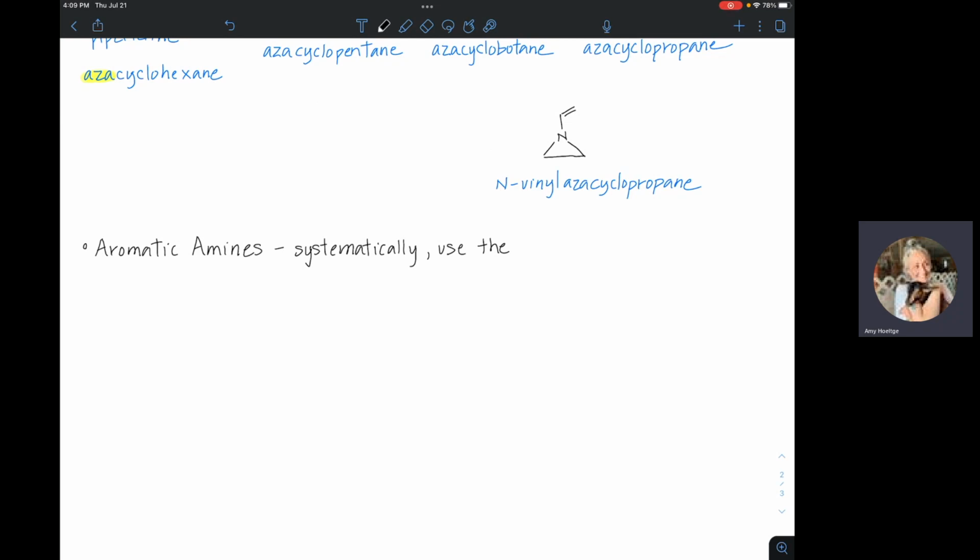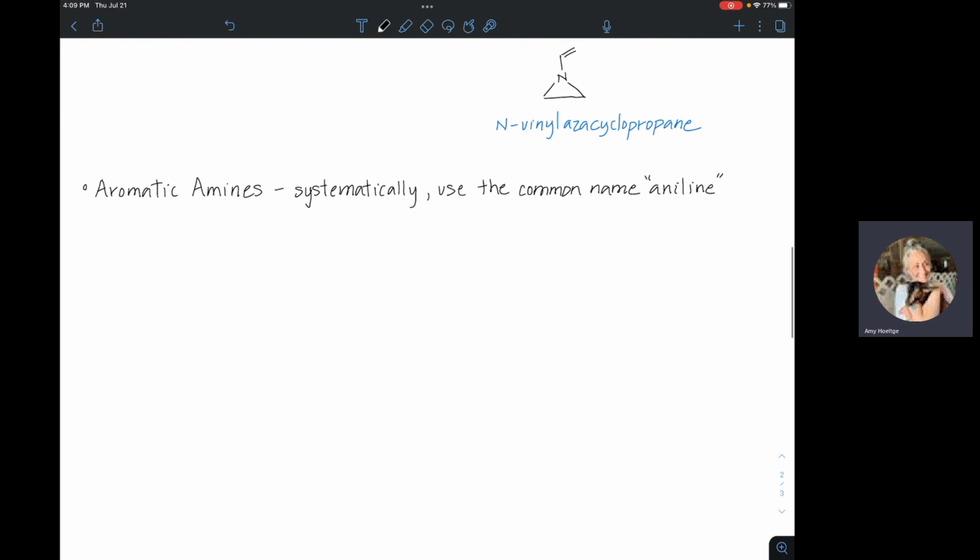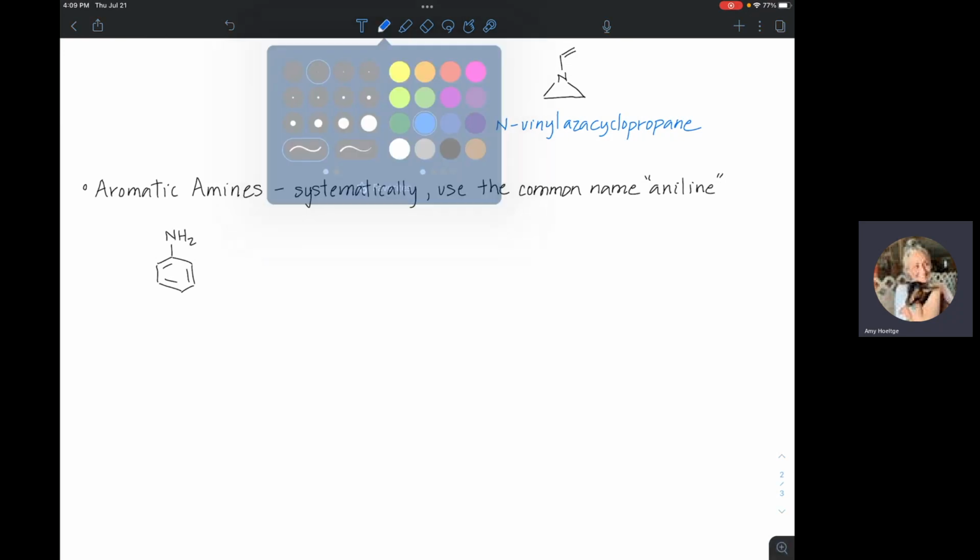So systematically, we're going to use the common name aniline to name in any of the nomenclature, right? Unless it's a very specific type of heterocyclic aromatic amine. So, for example, this is aniline. We covered aniline, or at least introduced it, in the aromatic chapter. So that right there is just aniline.